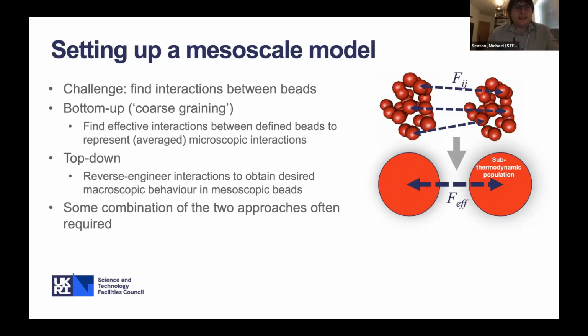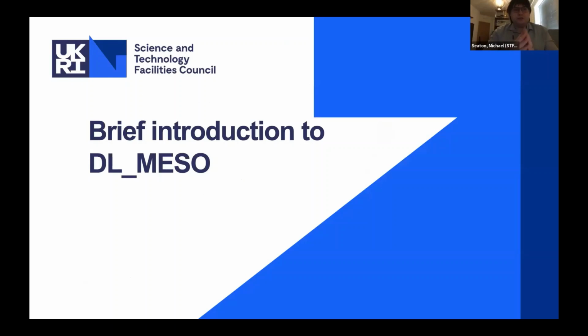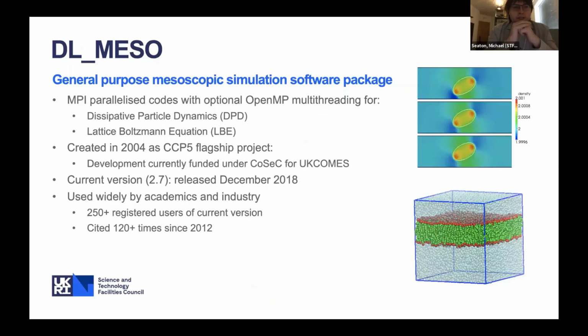So I'm going to leave you hanging there and now jump to talking about the code I developed, which is DL_MESO. DL_MESO is a general purpose mesoscopic simulation software package that I developed at Daresbury Laboratory. It consists mainly of a couple of codes for the two mesoscale modeling methods I've mentioned so far: Dissipative Particle Dynamics, or DPD, and the Lattice Boltzmann Equation, LBE.